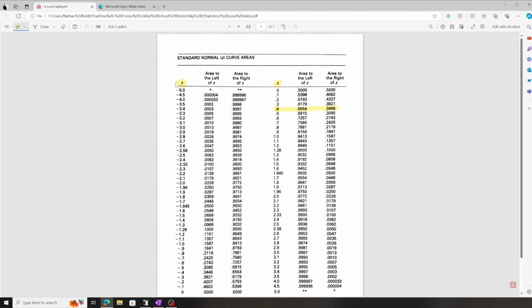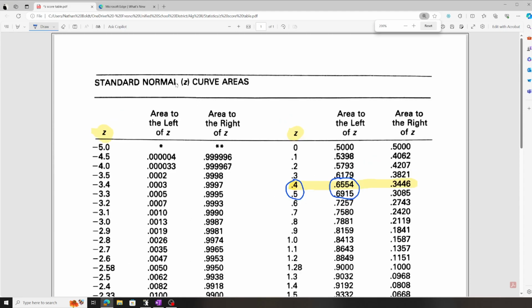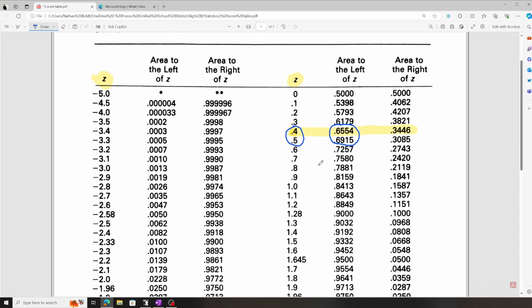Well, actually, let's try to do a little better. 0.45 is between 0.4 and 0.5. So what is between 65% and 69%? Let me zoom that in there for you. What is that, like maybe 67? Yeah, roughly 67%. All right, so we're going to go between those to 0.67.